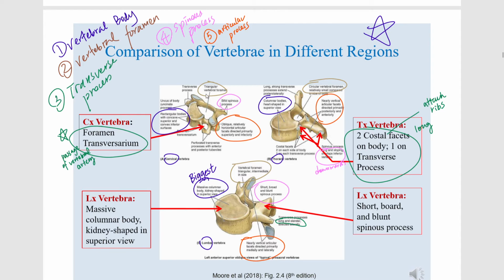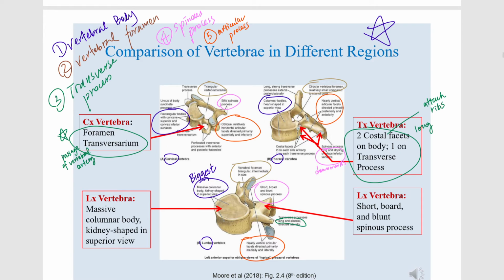For the vertebral foramen, which is the large hole here, first I would like to talk about the cervical region. The vertebral foramen here is triangular in shape, and it is very large because relatively the vertebral body is very small. For the thoracic region, it's more likely to be a circular shape and relatively small compared to the vertebral foramen in the cervical region.